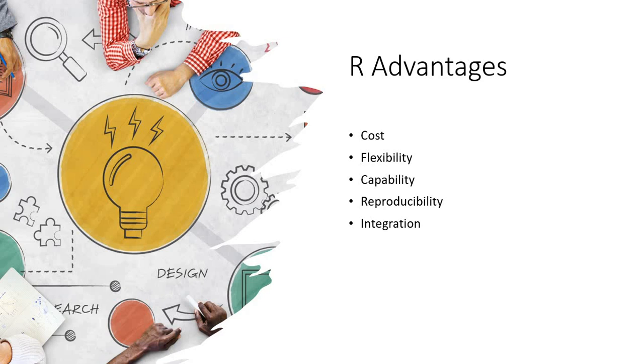Depending on your computational power, the machine you are using, you can handle any amount of data. There are no limited number of rows or limited number of columns that you can handle, as long as your computer has the capability to handle that data.